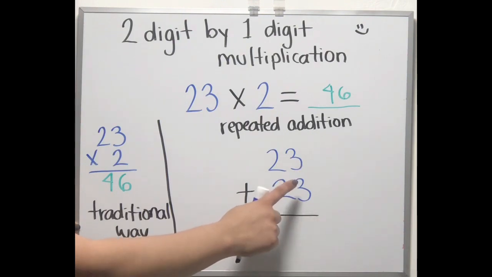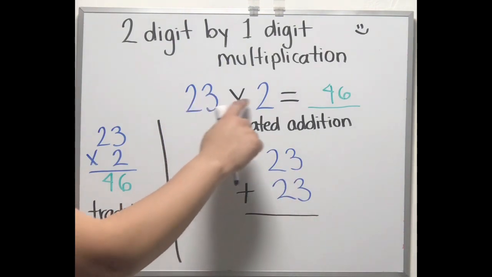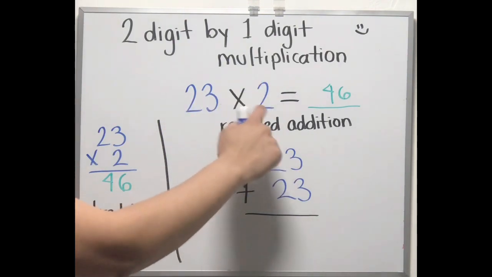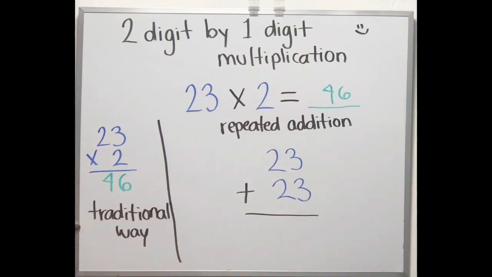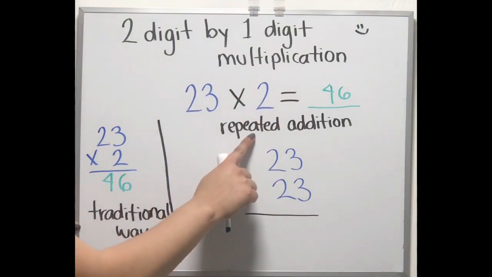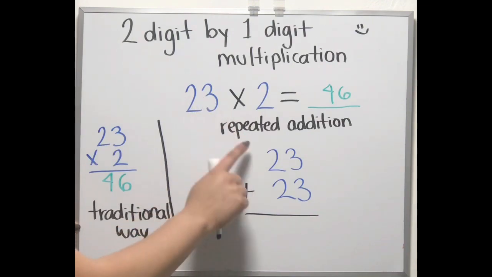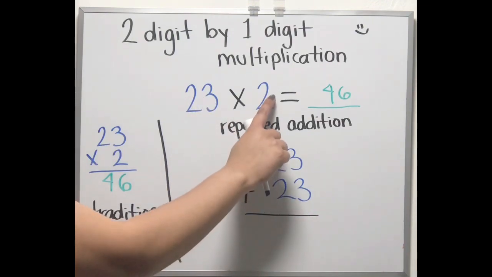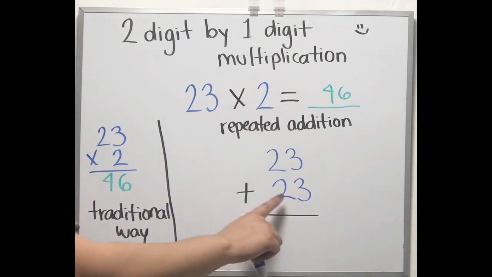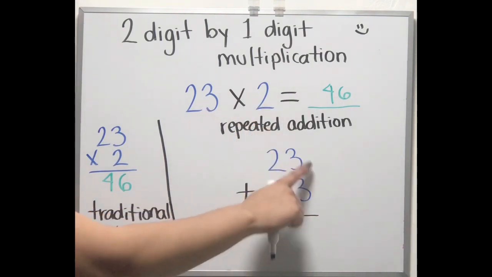Remember to use the number you're multiplying by. Okay, so you repeat the factor as many times as you're multiplying by. So in this case it was 23 2 times.